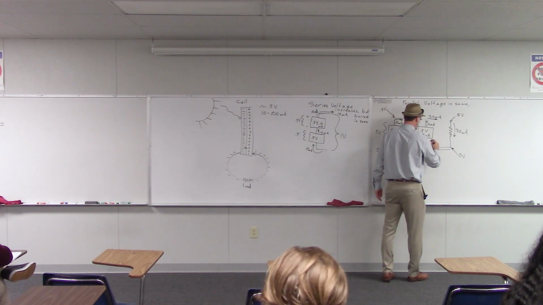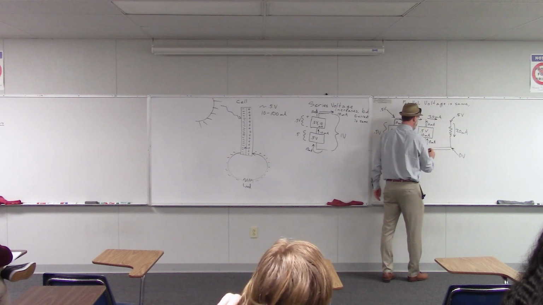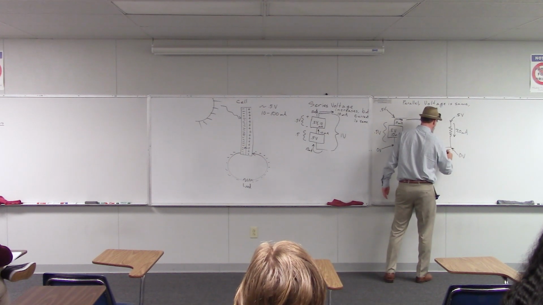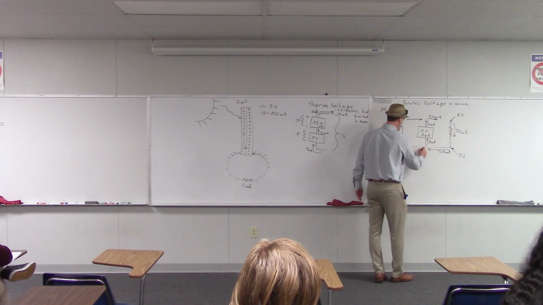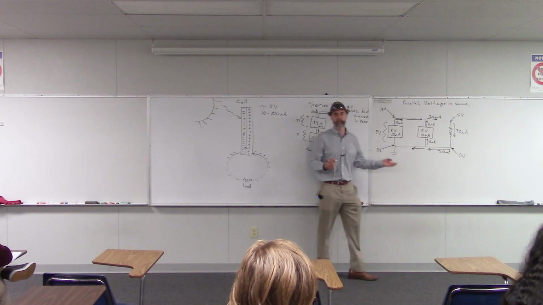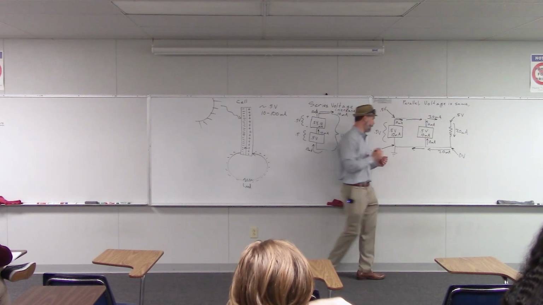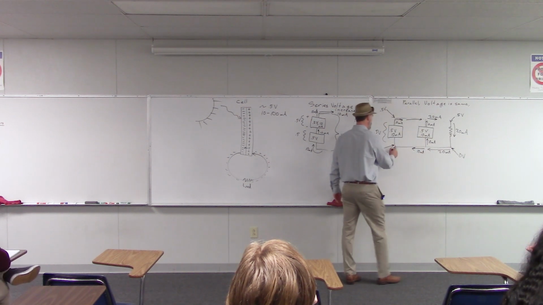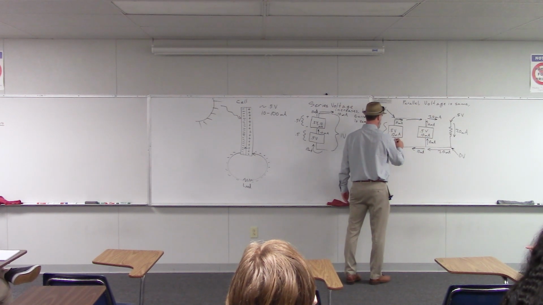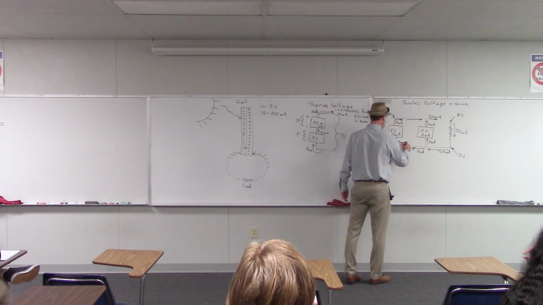We better have 10 milliamps going back in. So we had 20 milliamps flowing along this wire. 10 of it goes up into this cell. So how much is left going this way? 10, exactly. So we get 10 milliamps there, and that flows back around and comes back into this cell over here.